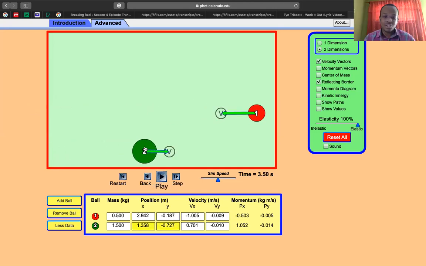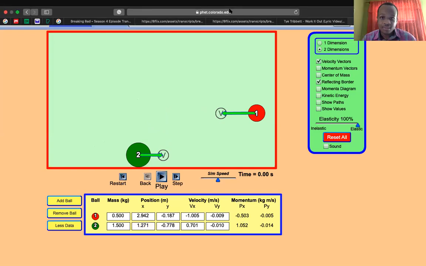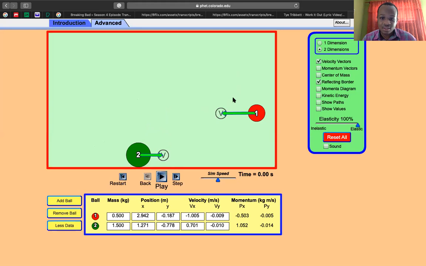All right, let's give it a try again. What was the initial momentum for 1?